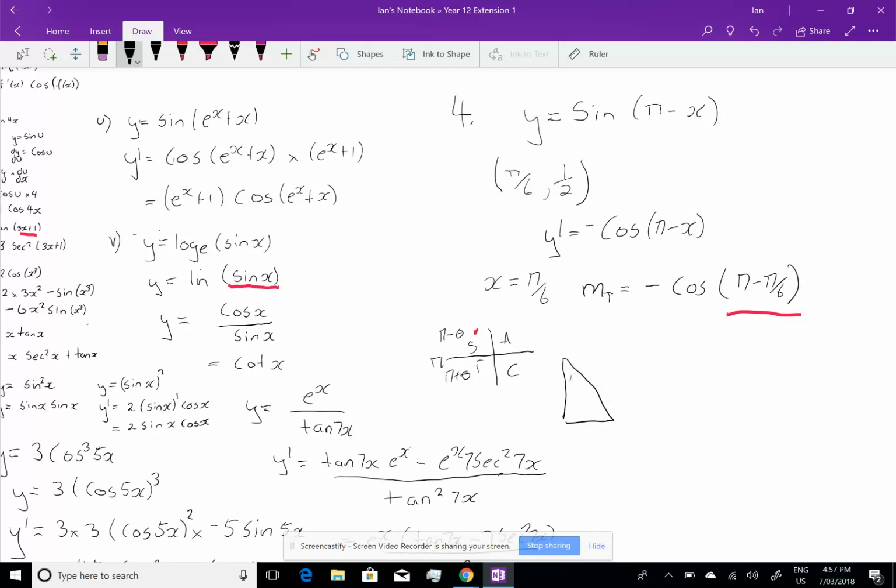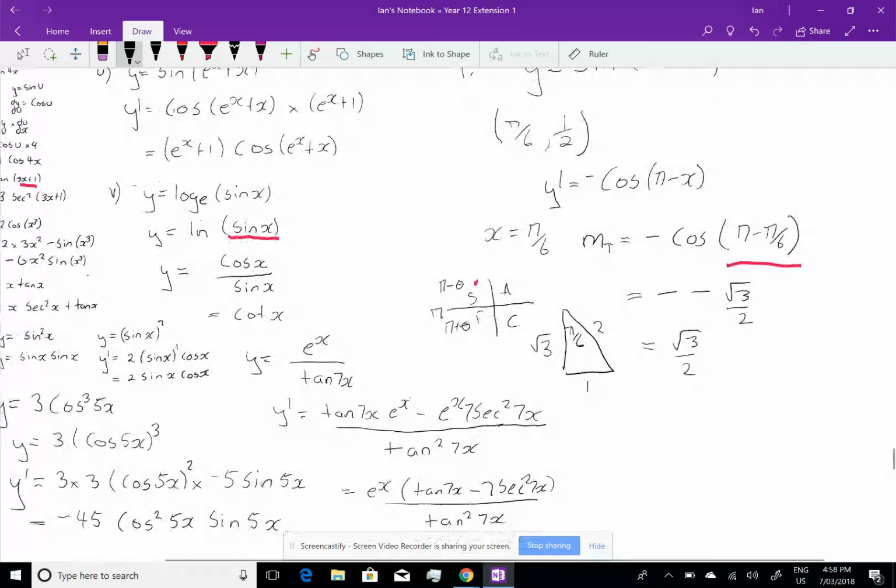Here's our little right-angled triangle. There's pi on 6, and that's 1, and that's √3, and that's 2. So cos is √3 on 2. So it's going to equal minus √3 on 2, which gives us positive √3 on 2. And that is the gradient of the tangent.